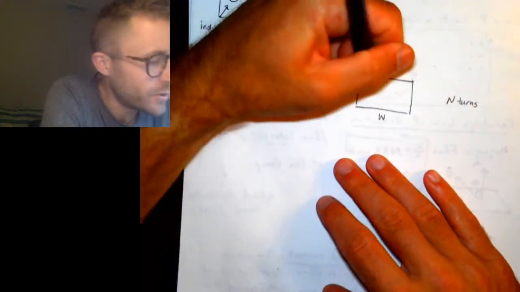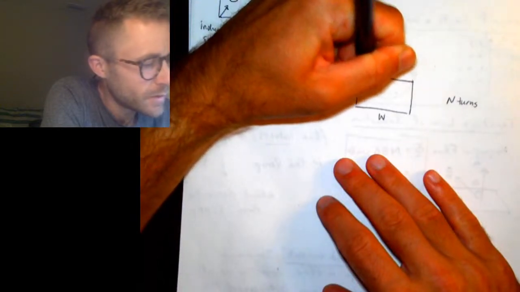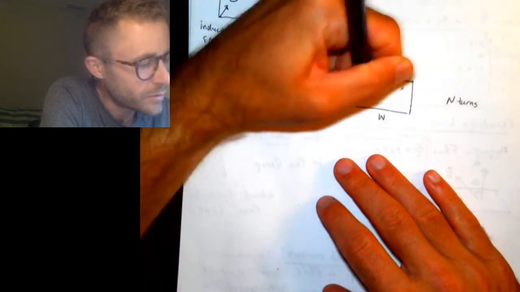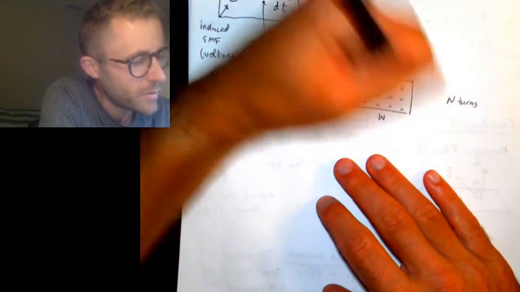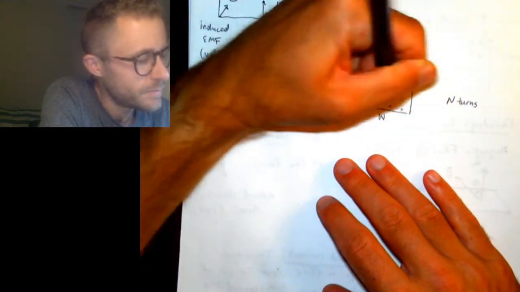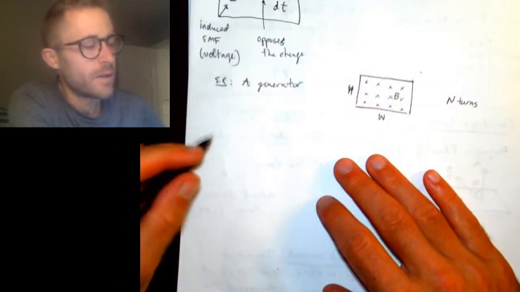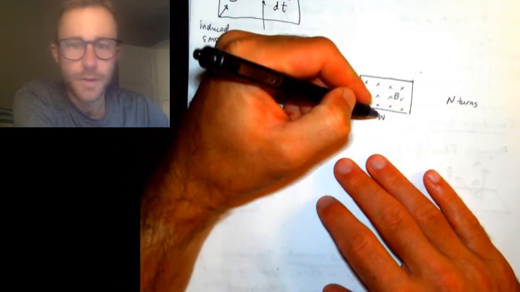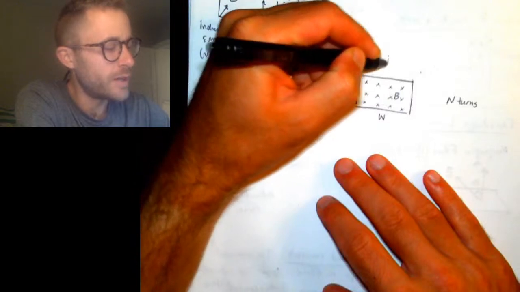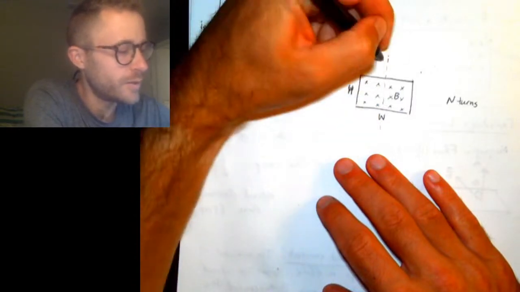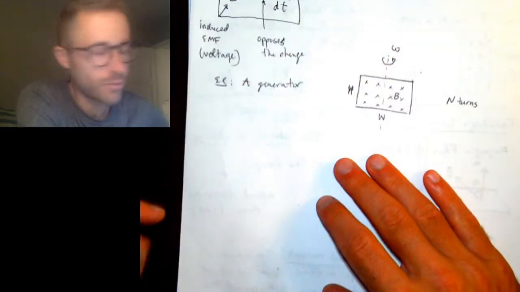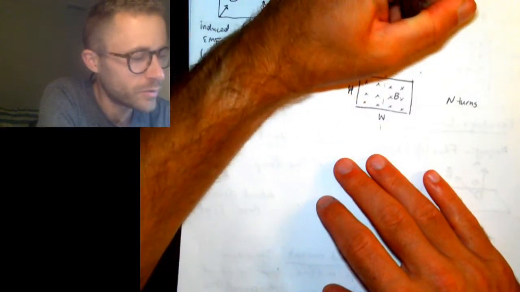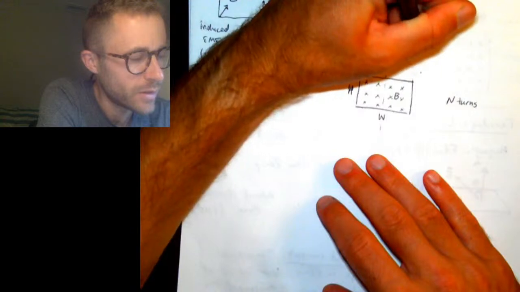There's a magnetic field. We'll say that the magnetic field is constant and it has strength B. And you take the loop and you spin it with a constant speed. So there's a constant angular velocity omega, which is, remember, the rate of change of the angle.